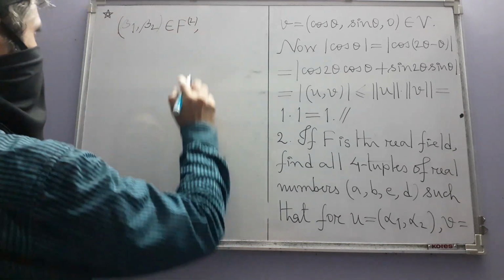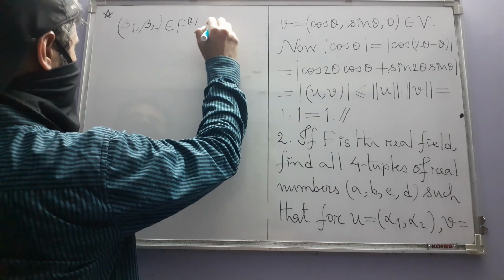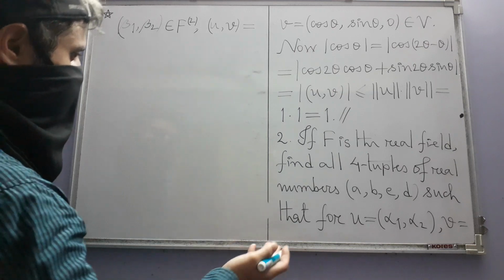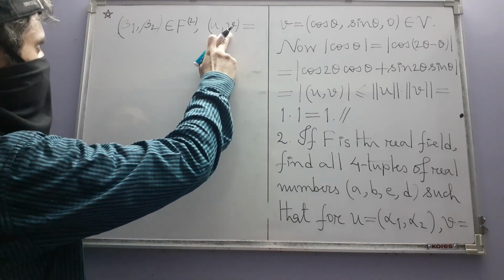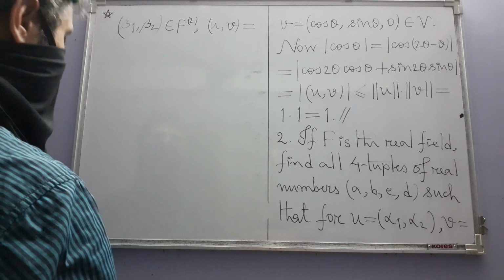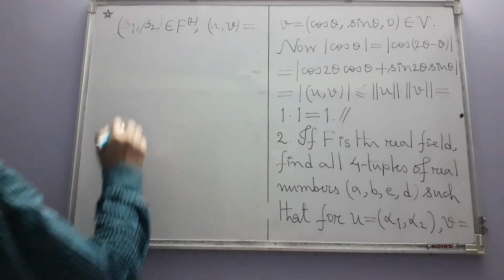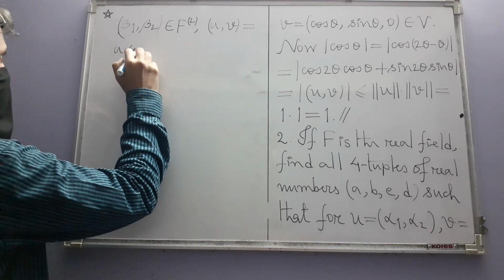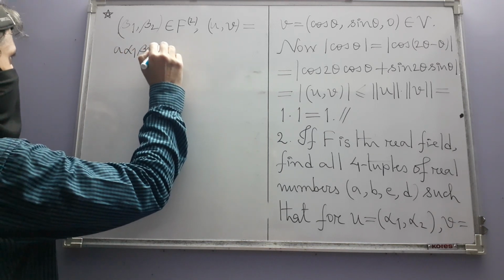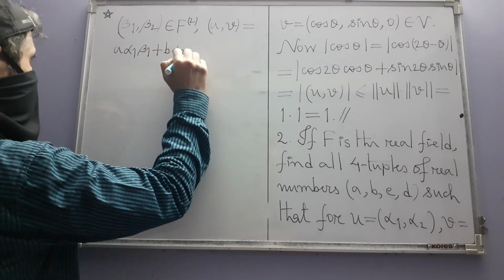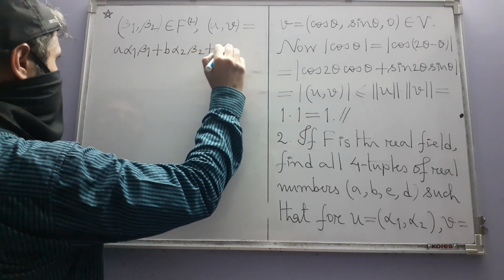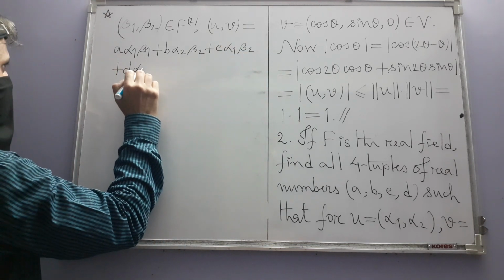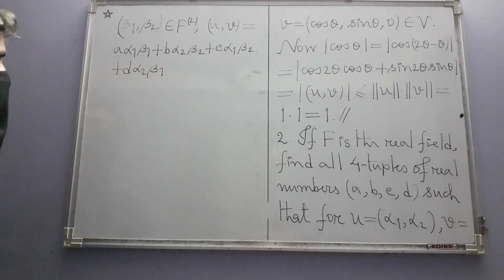For these two vectors, we are now going to define a function which looks like an inner product because there are two inputs. One of them is U and the other one is V. And the function is defined like this: A alpha 1 beta 1 plus B alpha 2 beta 2 plus C alpha 1 beta 2 plus D alpha 2 beta 1.